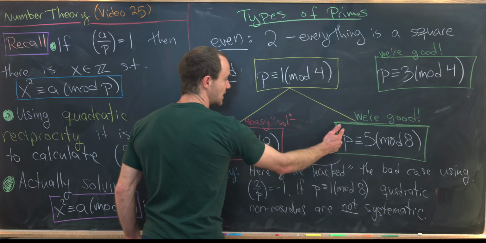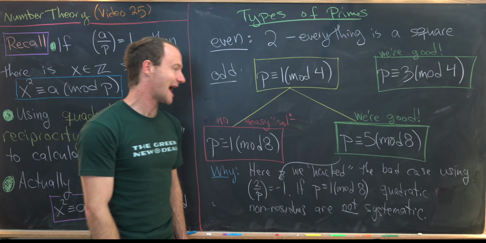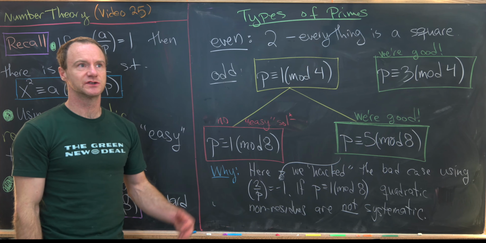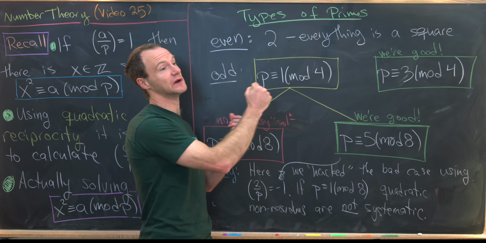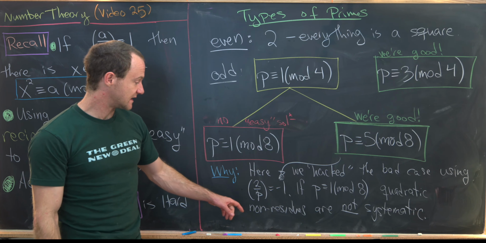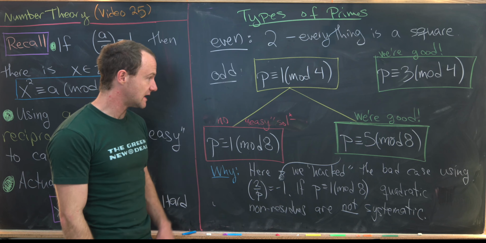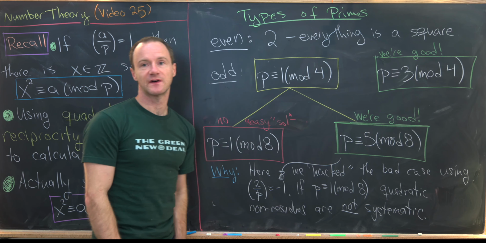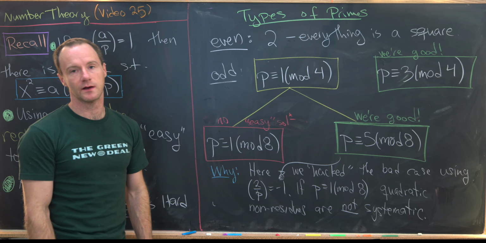So in our p congruent to 5 mod 8 case, we were able to hack the bad case. So in other words, that case where you had a to the 2k plus 2 and it was congruent to negative a mod p, using the fact that 2 is a quadratic non-residue mod p when p is 5 mod 8. In other words, this Legendre symbol, 2 by p, is negative 1.